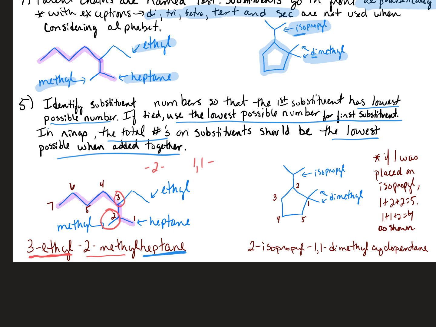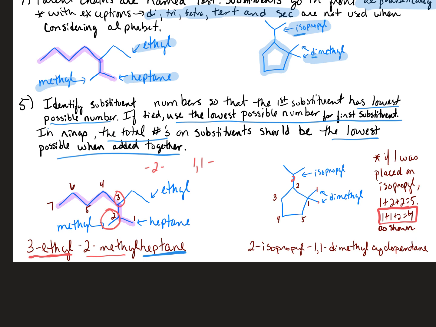So thing is that I have 2 methyls here. So if I number the way that I had written first, it would be 1 plus 1 plus 2, which would be 4, okay?